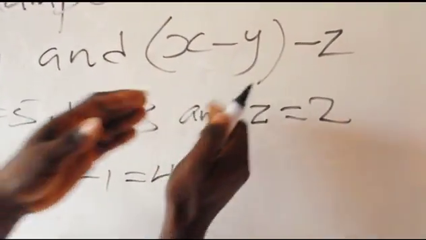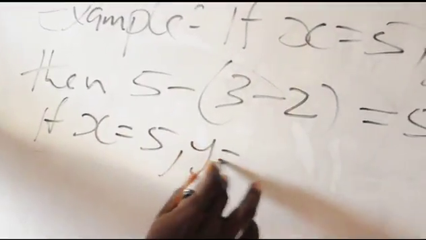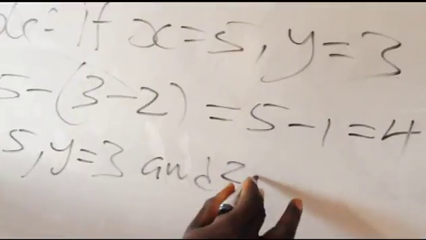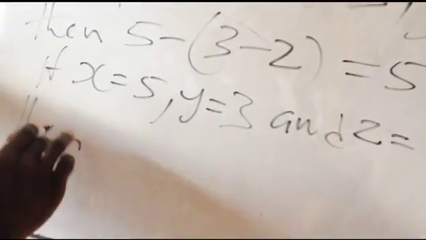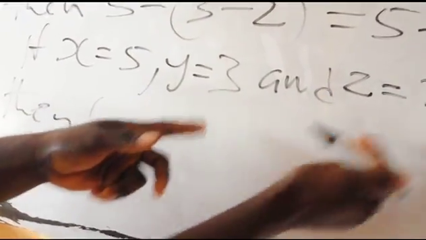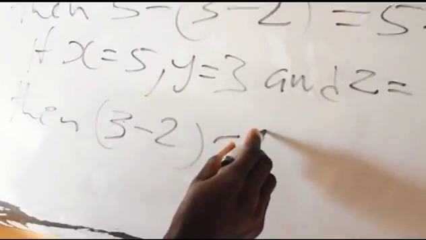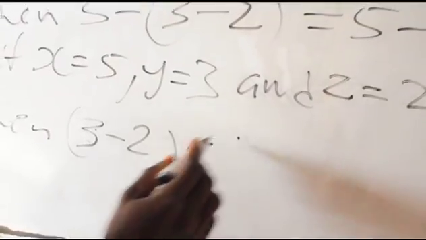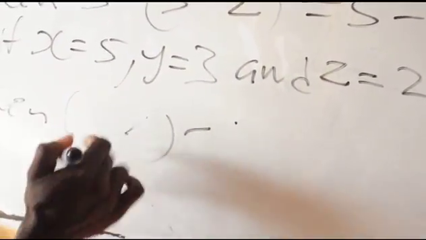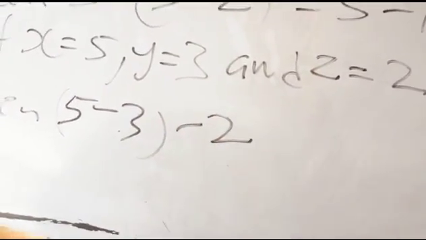And let's look at this one now. If x is equal to 5, y is equal to 3, and z is equal to 2, then (x minus y) in bracket will be 5 minus 3 in bracket, minus 2 outside the bracket.